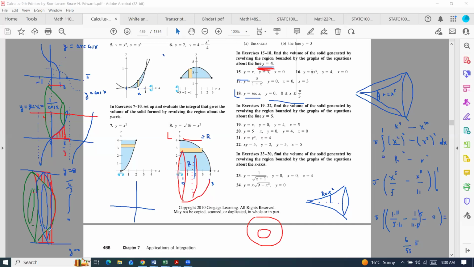And then the function that we have cut out on the inside is given to us by our secant function, secant, or 1 over cosine. So how can I put this down then?